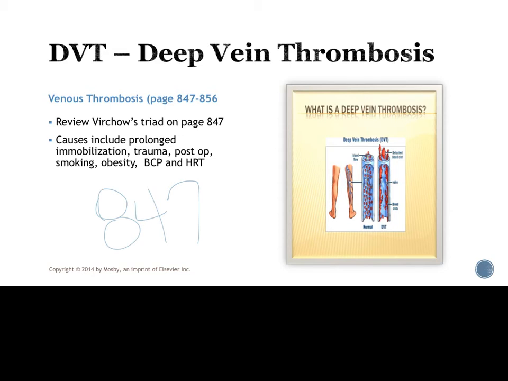We have what we call Virchow's triad, where you have venous stasis or a decrease in blood flow, something that has led to endothelial damage, or a blood situation where it clots too readily. You can review all this information on page 848, but you have an inflamed vein and you have a clot that forms, and that is called a venous thrombus.